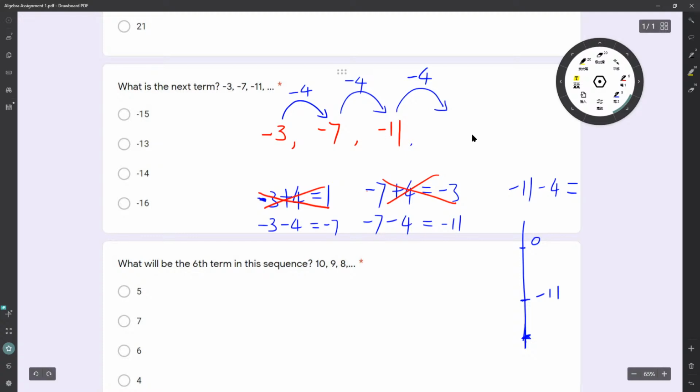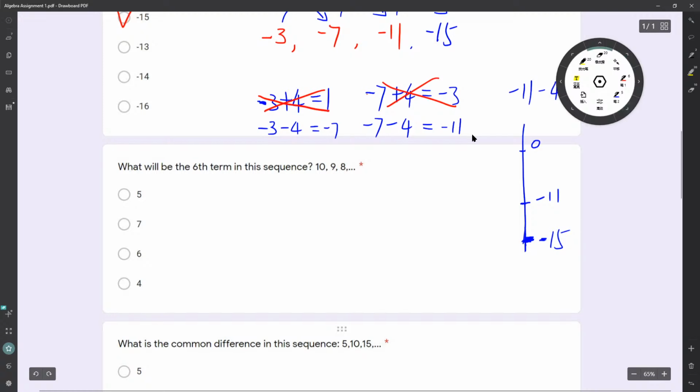So this new result is 15 below 0, so it's going to be a negative 15. Or you can use the calculator to find out. All right, so this should be a negative 15. And this is our answer.